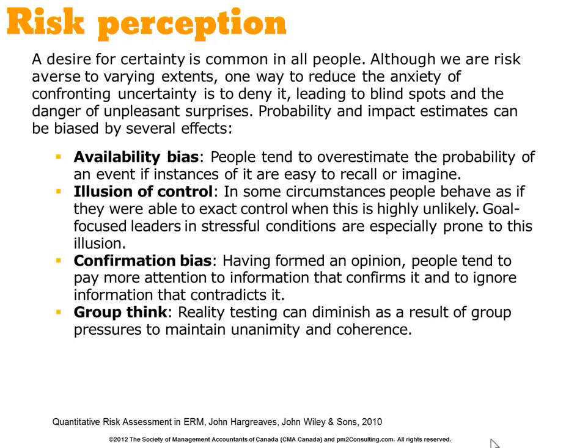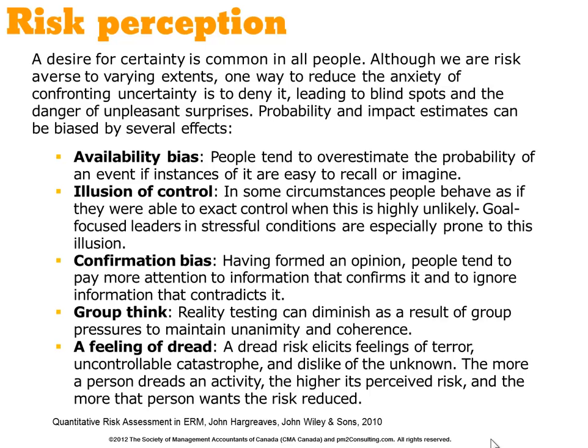A variation of that is groupthink itself, which is where we tend to resist change or choose to support coherence of the team, and therefore we end up in team think mode. And finally, there's a feeling of dread. If there's something that you dread, say having a needle, anything associated with that has an increased perceived risk, and it skews your perception. So again, as you facilitate the team, you need to work against these.